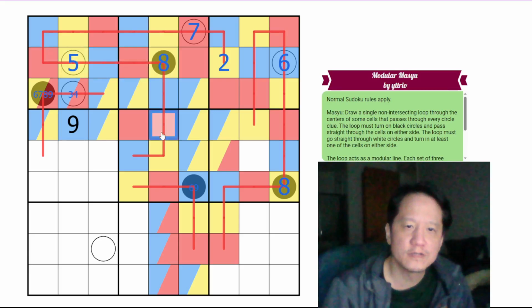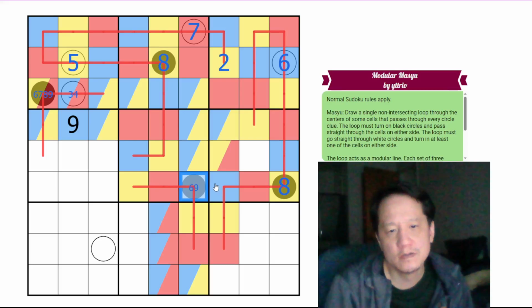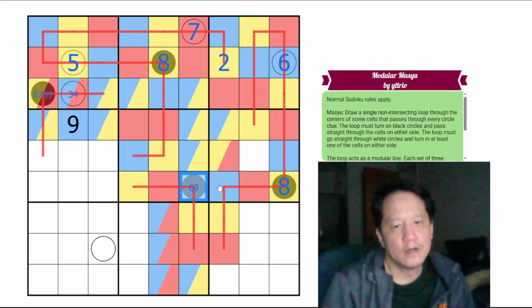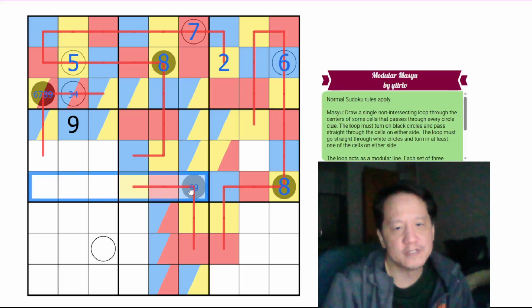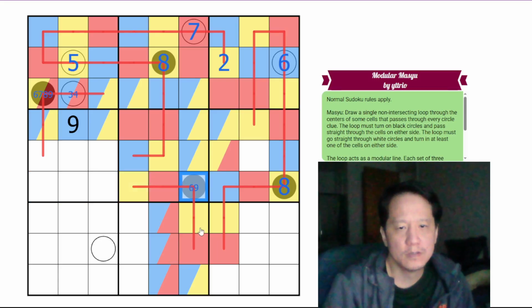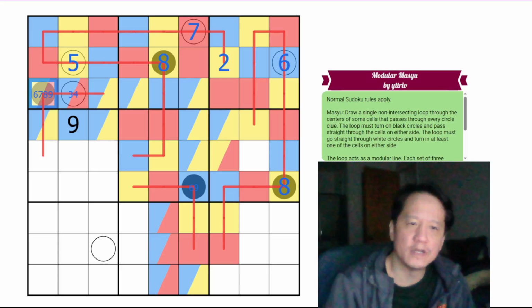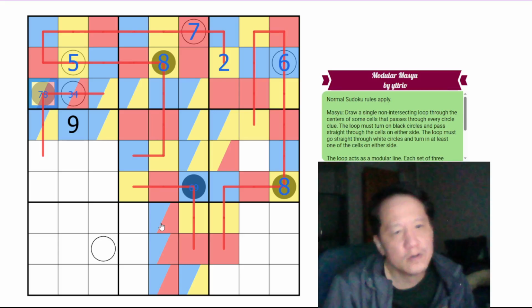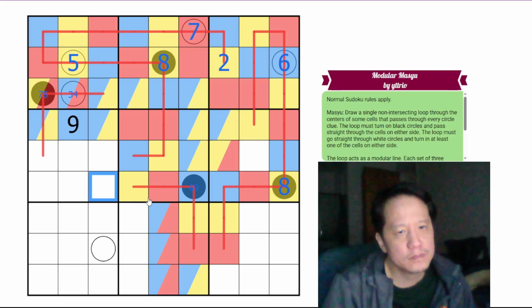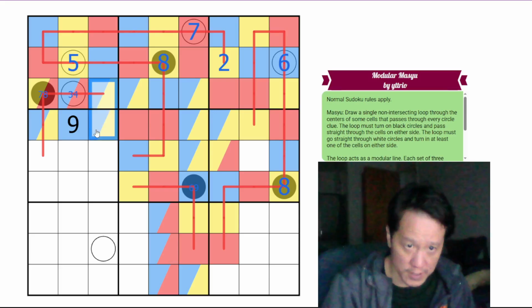4, 5, 6, 7, 8. If it's 9, how does that work? This cannot be 6 or 9. It has to be 7 or 8 here. This cannot connect to here because then this doesn't connect to anything.